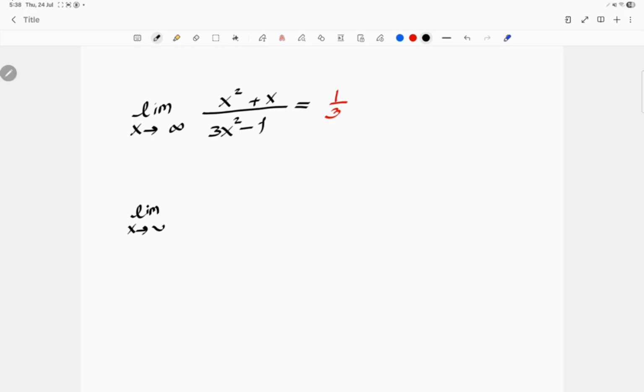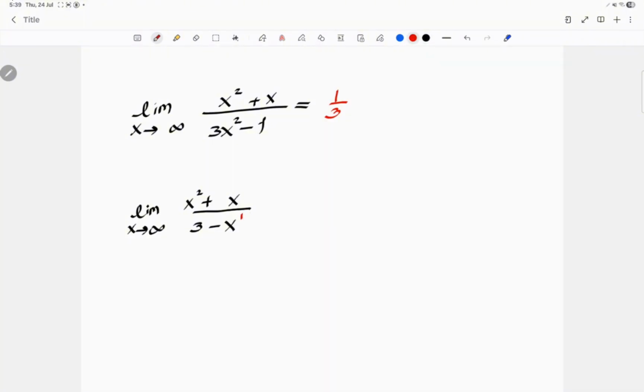Let's see when the powers don't equalize each other. Limit of x approaching infinity, x squared plus x over 3 minus x. Here the powers don't agree. So now what you do is you divide every single thing, top and the bottom, by the highest power of x in the denominator. What's the highest power of x in the denominator? 2.